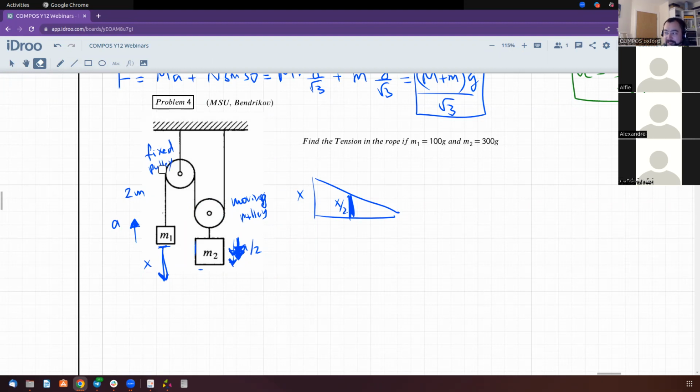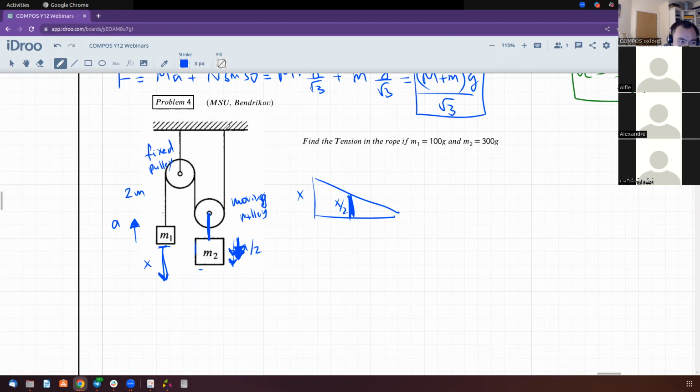Is M2 attached to the pulley or the rope? Well, the pulley, of course. Okay, the picture is not very clear, but we don't attach masses to ropes. So why is the right of the moving pulley stationary?